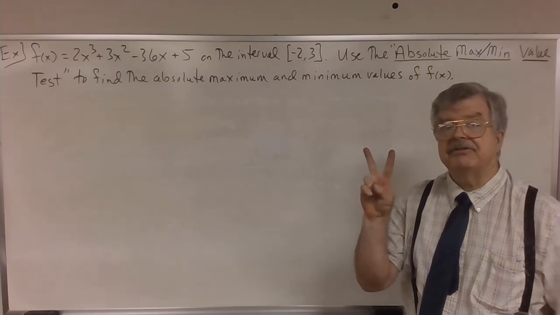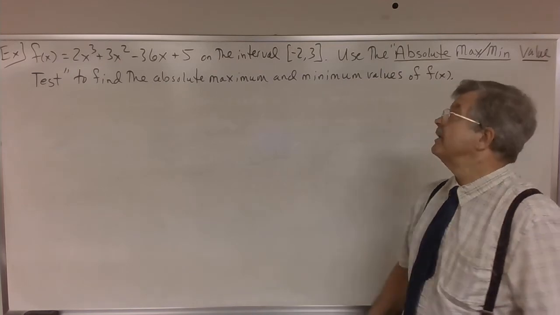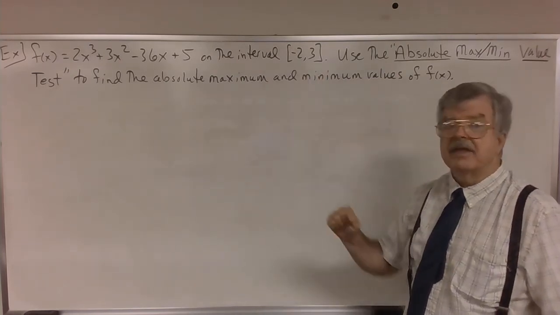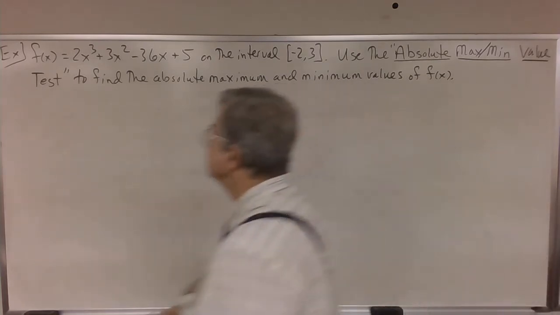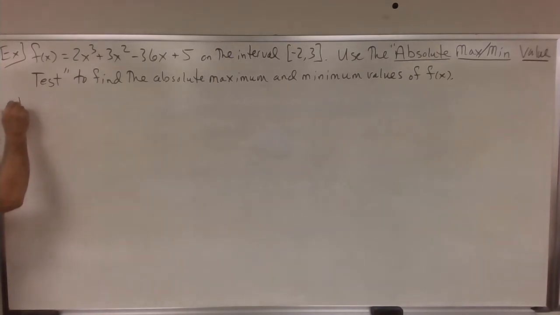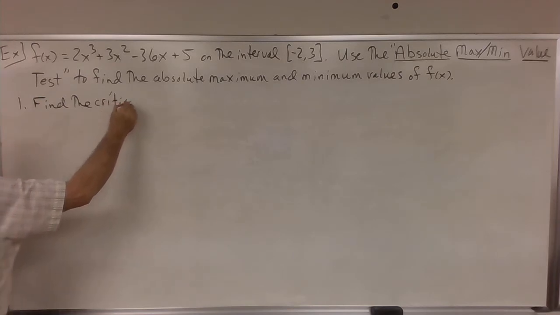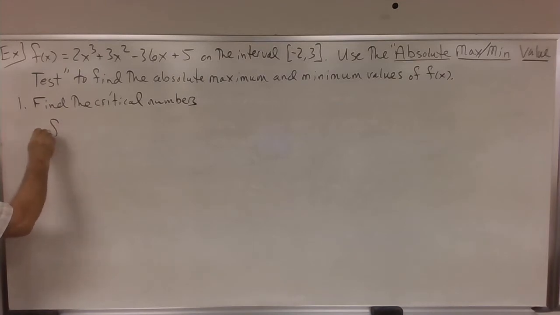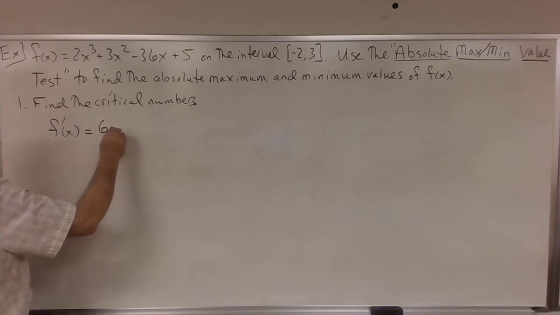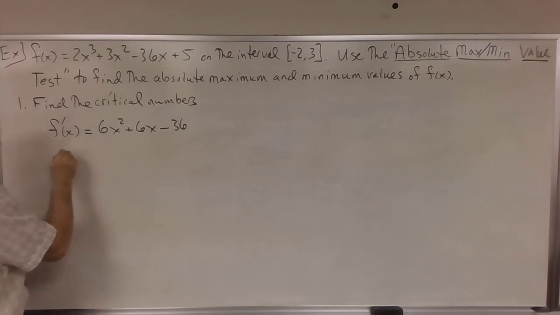And there are only two places where they can be attained, either at the endpoints or at the critical numbers. We know what the endpoints are, so as our first step, let's find the critical numbers. F prime is 6x squared plus 6x minus 36.